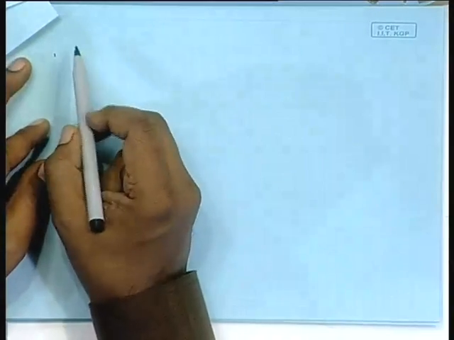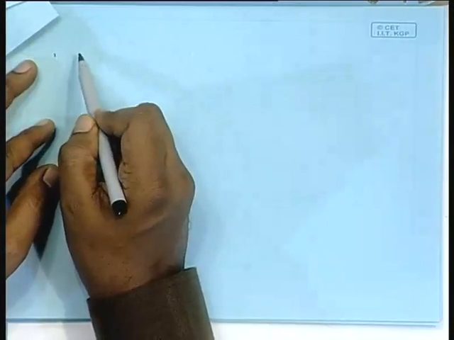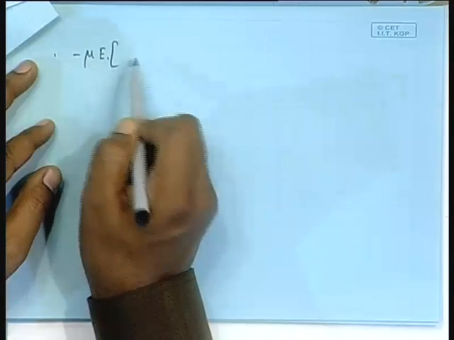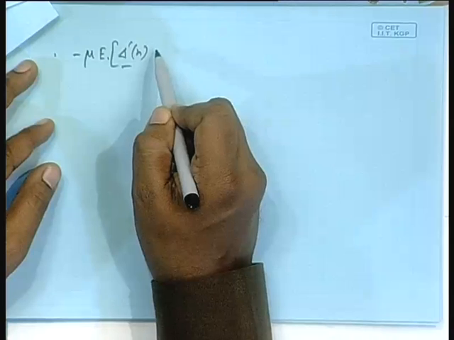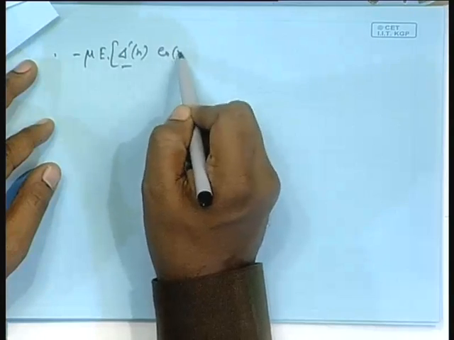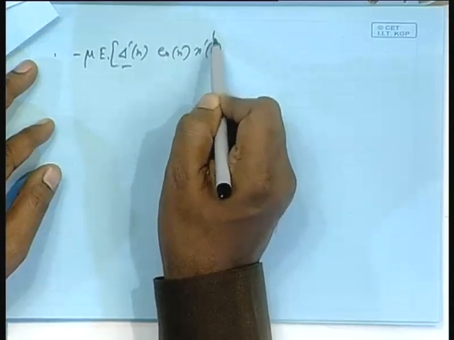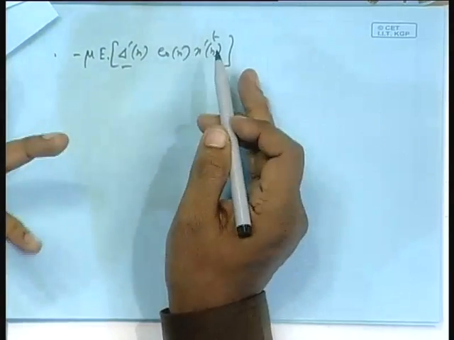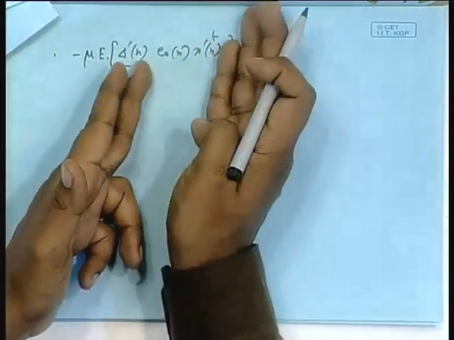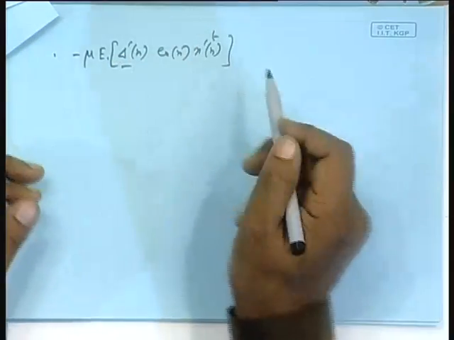And so, another term is minus mu E of delta prime n, this is 0. Obviously, because you can separate this out, and because of orthogonality this will go.